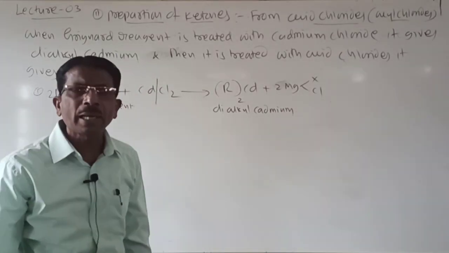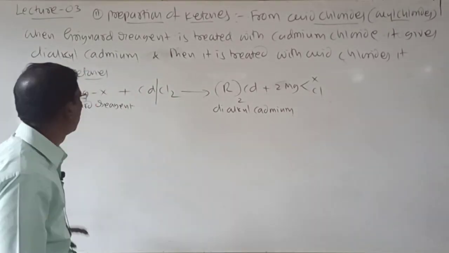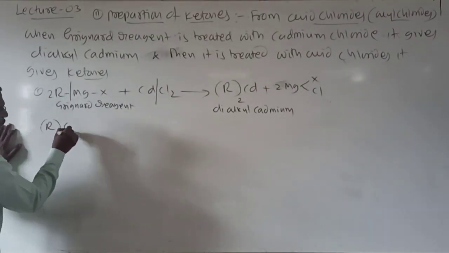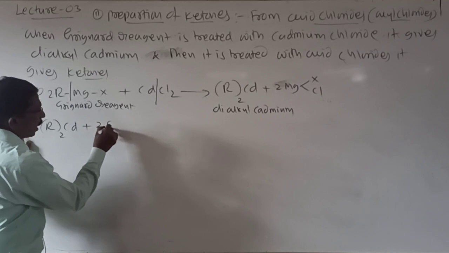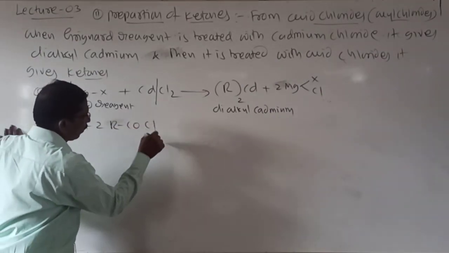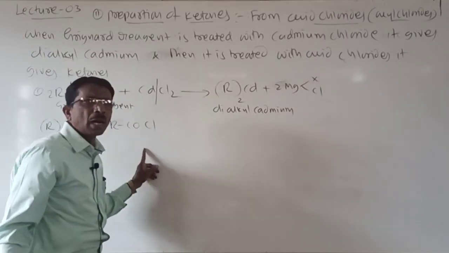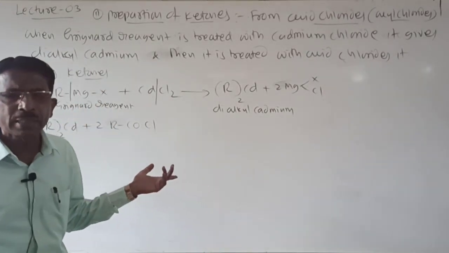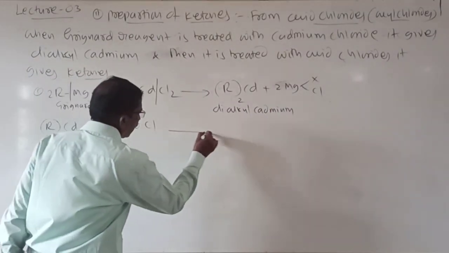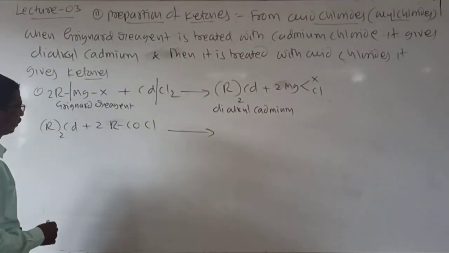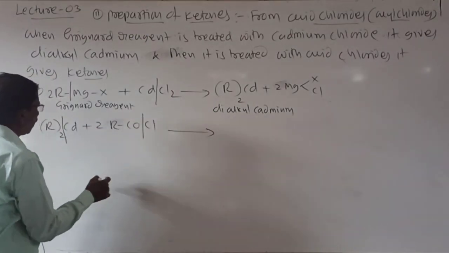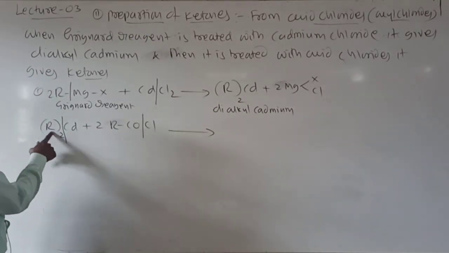And when this dialkyl cadmium, R2Cd, is treated with acid chloride, RCOCl, or acid halide, you may write acid halide or acid chloride, then look here students, here it forms... Here it breaks and here it breaks, and R is also 2 and this R is also 2.